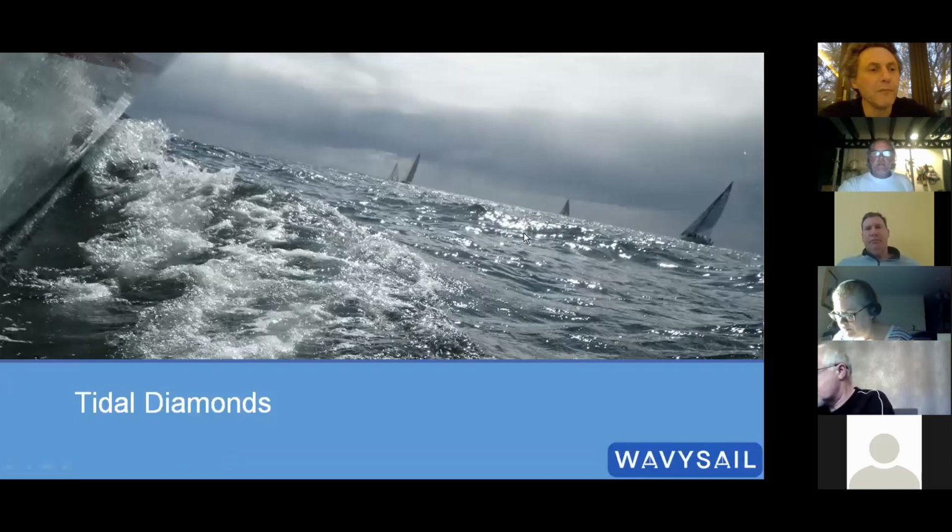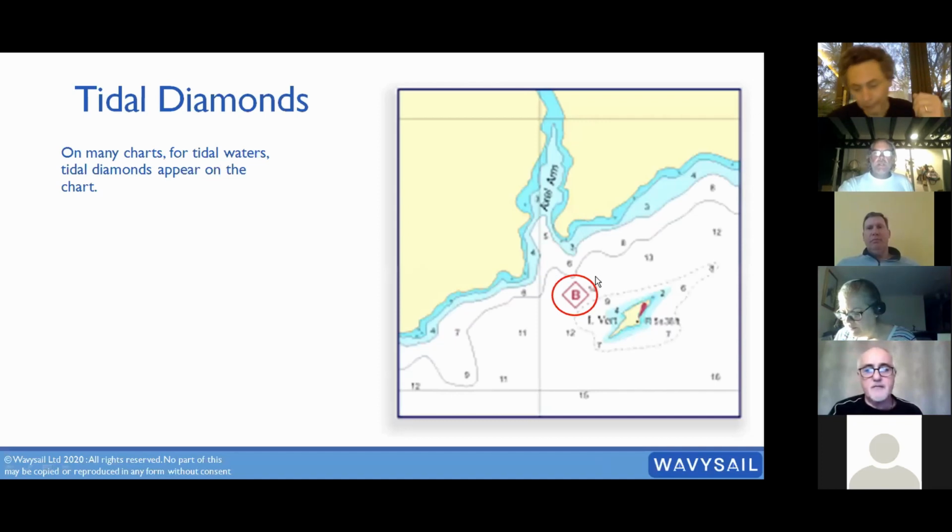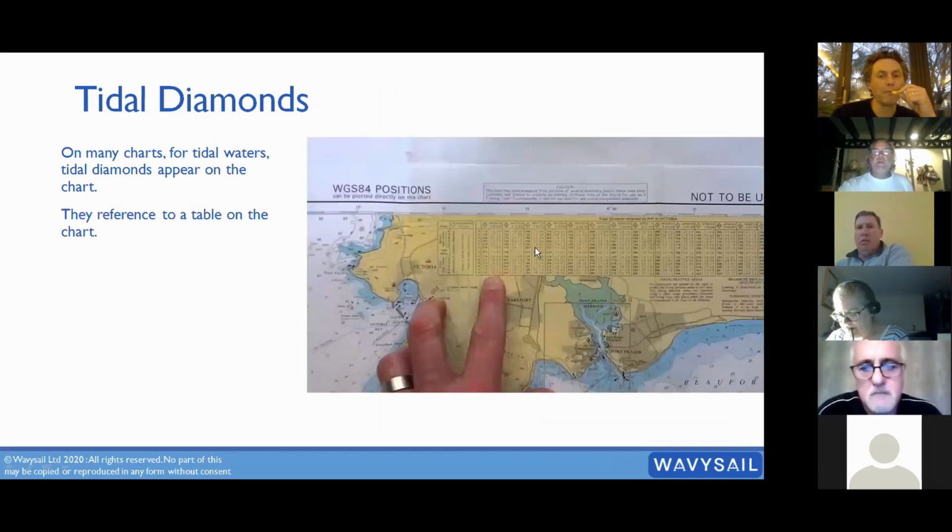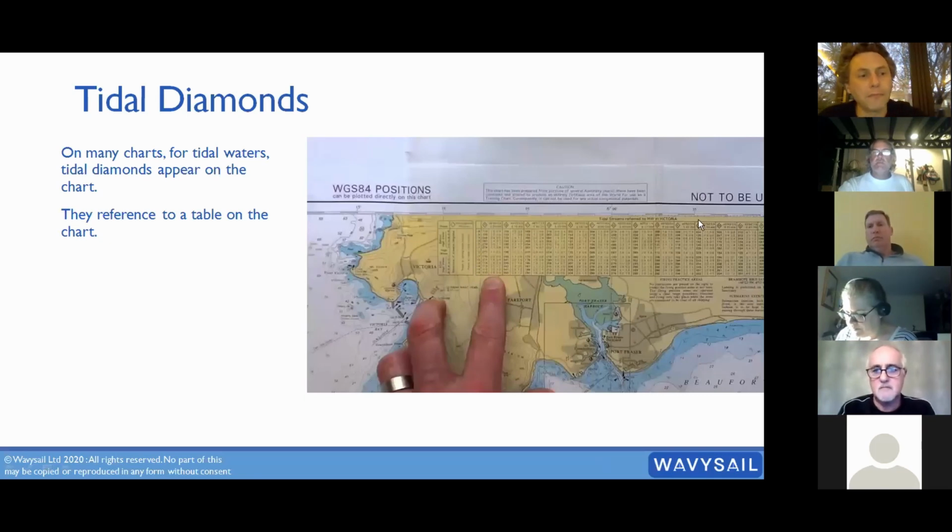Okay, a little bit about tidal diamonds. They're on the charts, they look like that. They'll only appear on tidal charts where there is tidal stream. So you won't see them on any charts unless the tidal stream is recorded. And that relates to a whole bunch of information at the top of a chart.